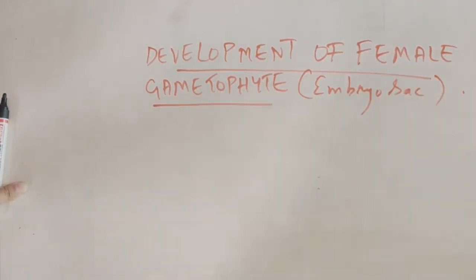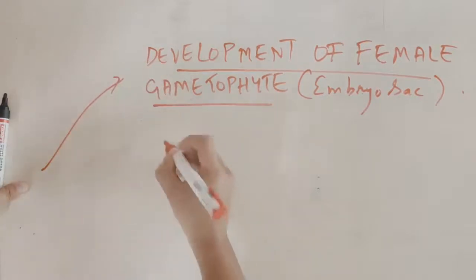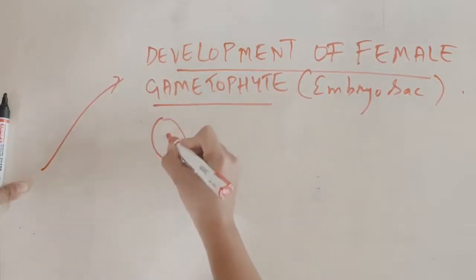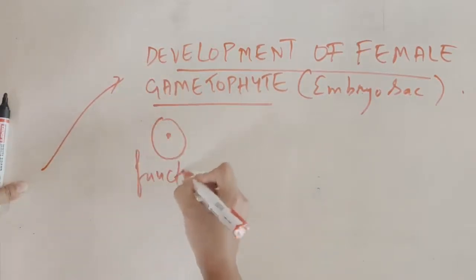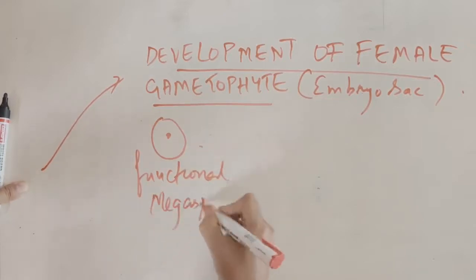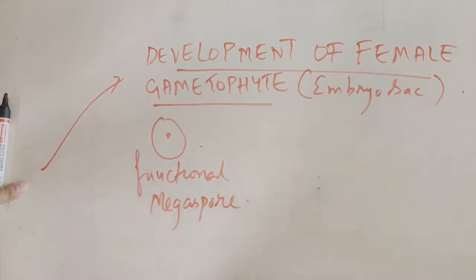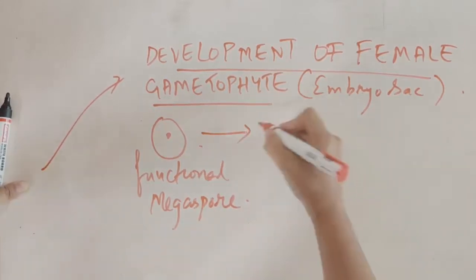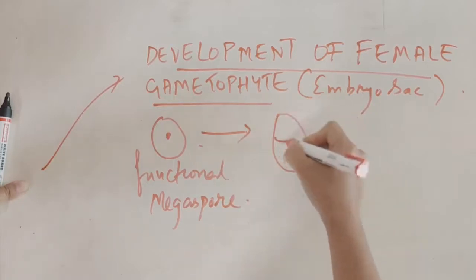So let us see. After Megasporogenesis we have the functional megaspore here. Three degenerate, remember. Then the functional megaspore repeats: again, they'll form 2 cells.